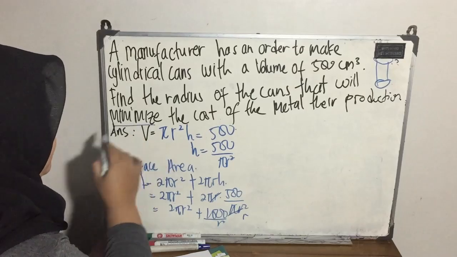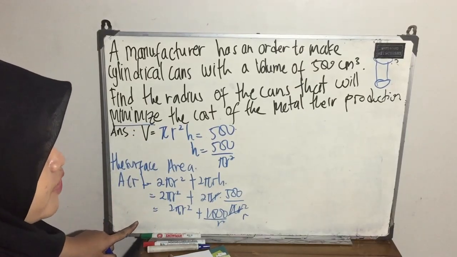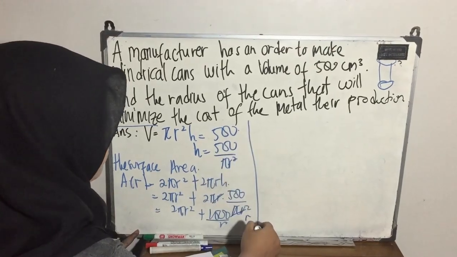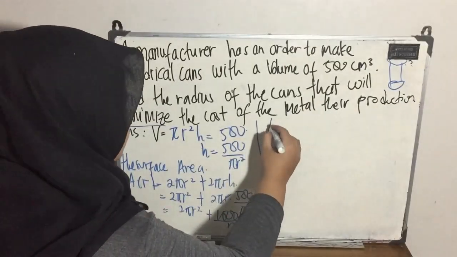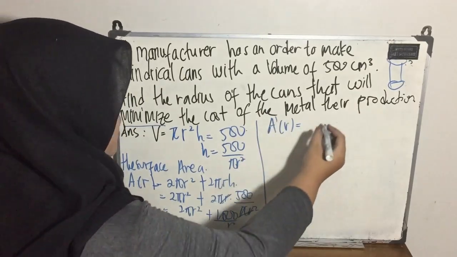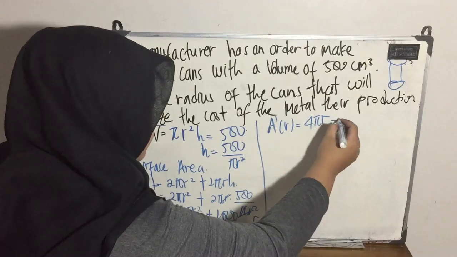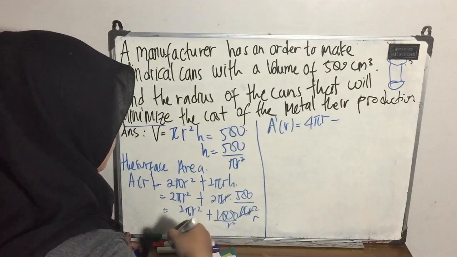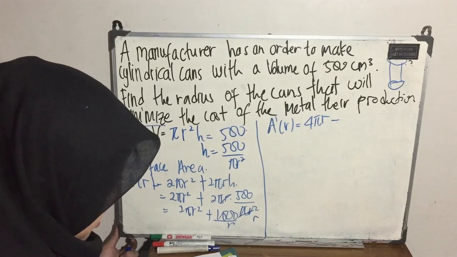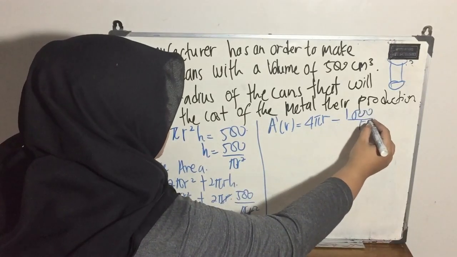Because they tell us to minimize, you need to take the first derivative. The first derivative of A(r) is 4πr minus 1000 over r², everyone.